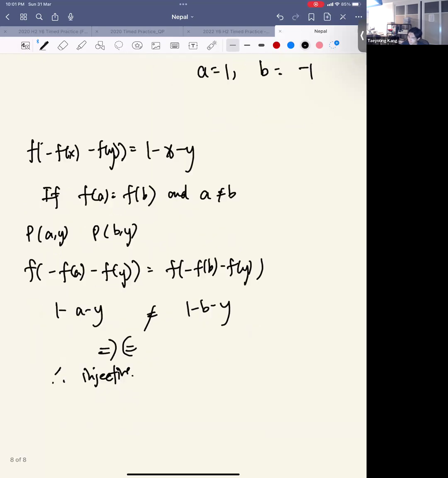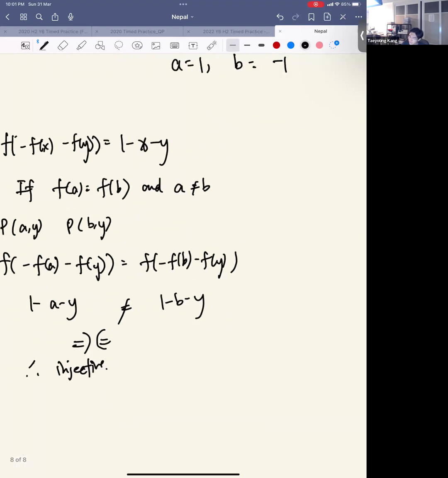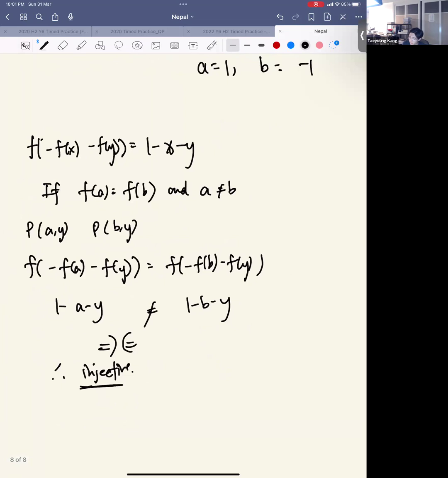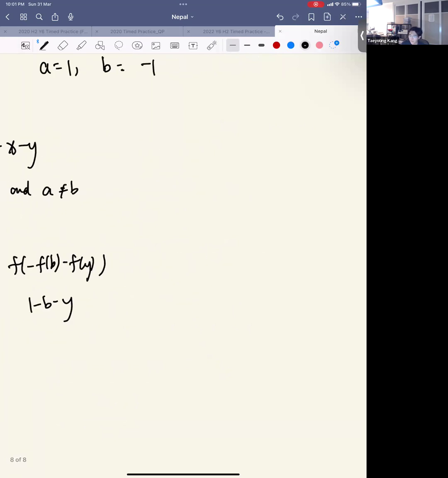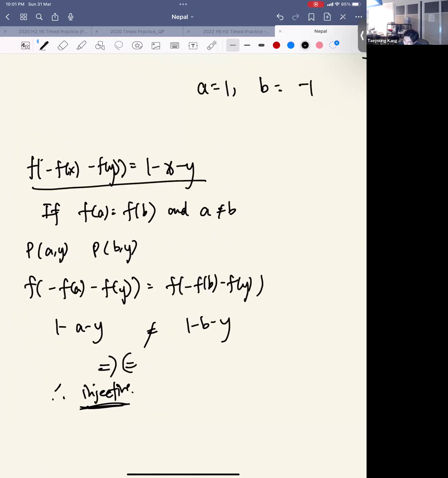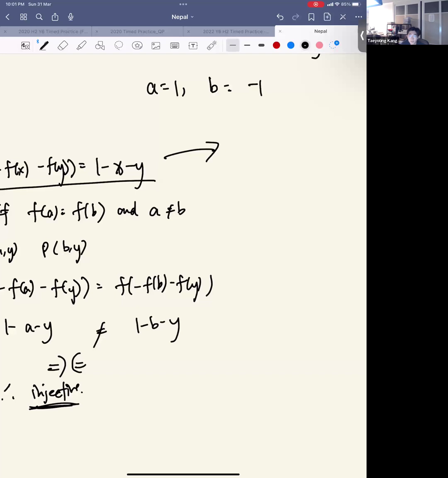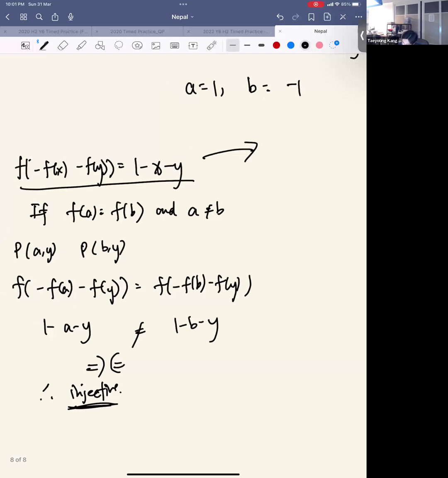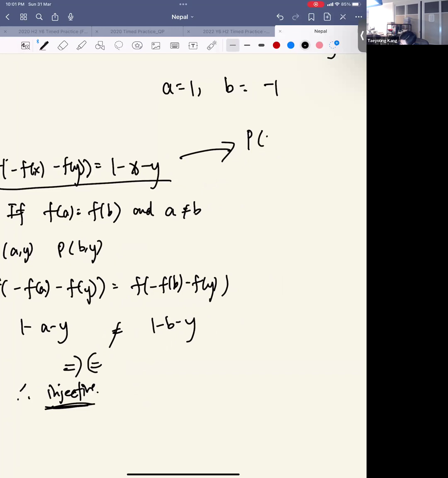But okay, so another solution is that once you get injective, we have the original functional equation, which is this, right? Now we substitute, maybe, x plus y is 0.